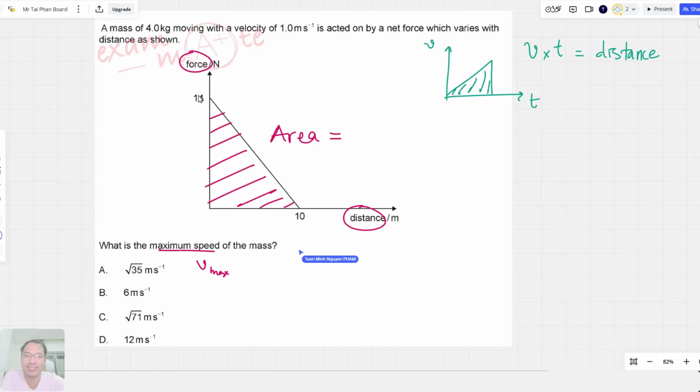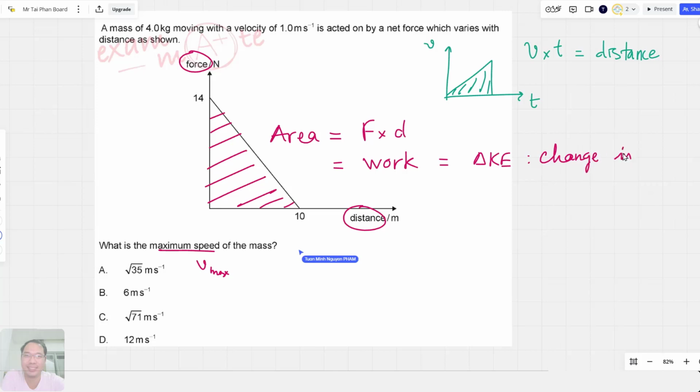Therefore, the area of this graph is force multiplied with distance. And what is it? We say the work. Yep, work. And that work will be equal to the change in kinetic energy.